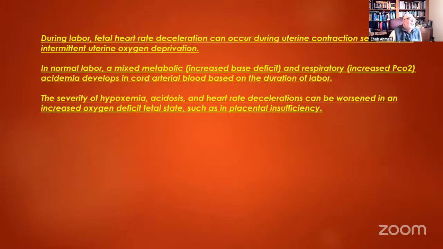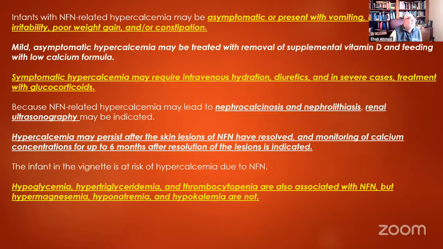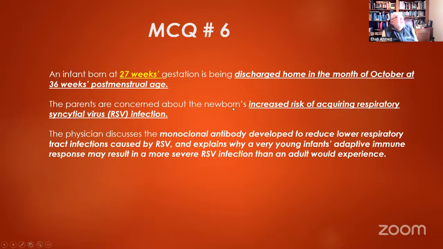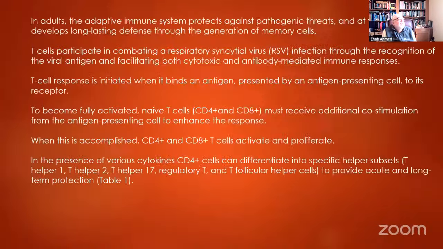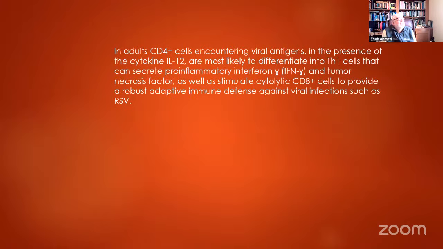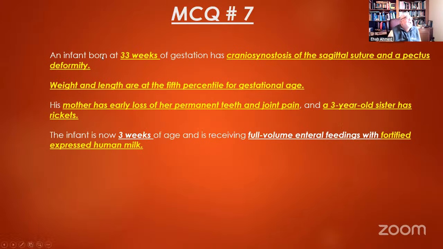No, we'll go to the next one. This is a 27-week infant being discharged home. No, this is not the one. This is immune disorder. I'm sorry. I have tons of questions, so sometimes I get confused. Yes, this is the one.